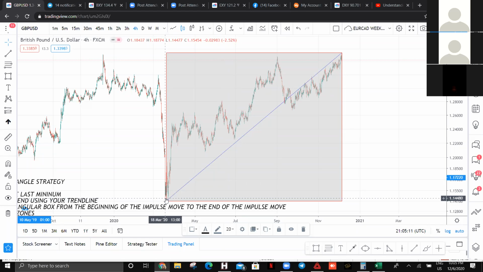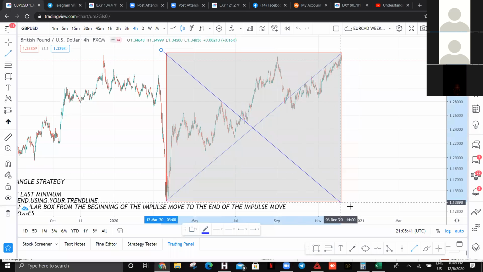So the previous impulse in the past is an upward trend. So what am I going to do? I use my trend line to pick it from the beginning of the impulse move to the end of the impulse move. Then I take my rectangular box and drag it from here to the end of the impulse move. Then to identify my pivot zones, you pick another trend line, draw from here down to this place, to the tip.